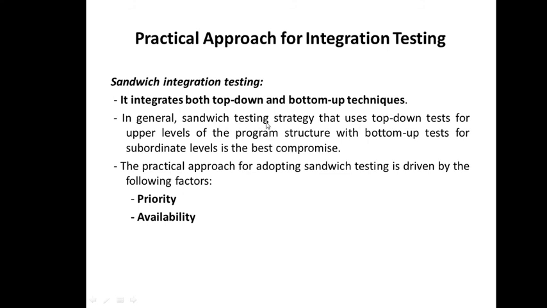In general, the sandwich testing strategy uses top-down tests for the upper levels of the program structure with bottom-up tests for the subordinate levels, as the best compromise. If the top modules are ready first, you start top-down. If the bottom modules are ready first, you can start with bottom-up. So a combination of both is practically possible if you are using this hybrid approach.